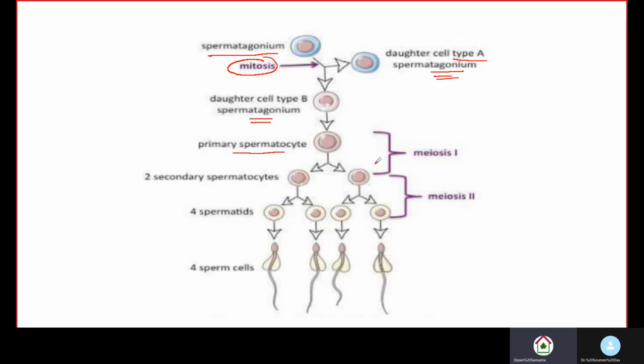Meiosis 1 occurs and there will be two secondary spermatocytes. And meiosis 2 occurs and there will be 4 spermatids. And at last there will be 4 sperm cells. This is in short.